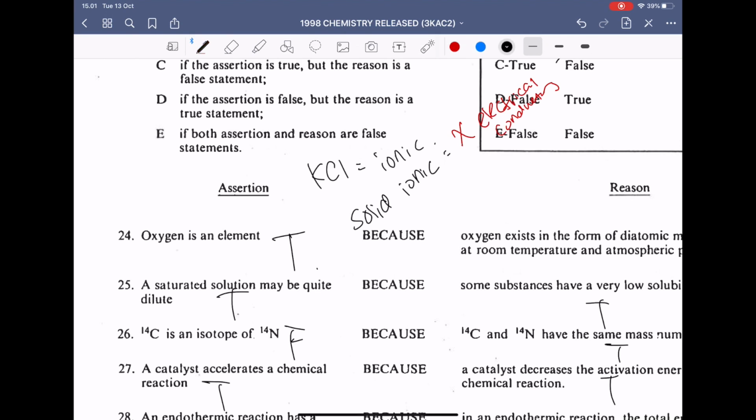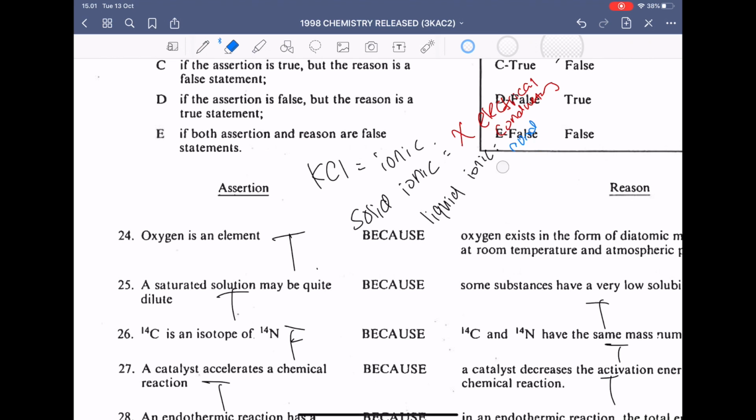However, liquid ionic substances, or solid ionic substances that have been melted, are good electrical conductors.